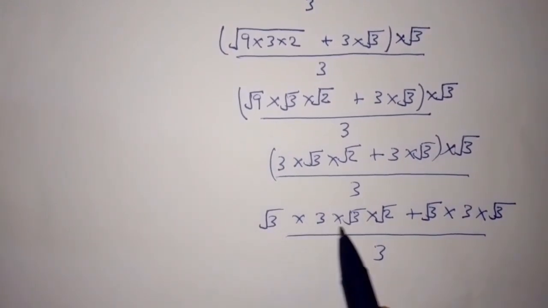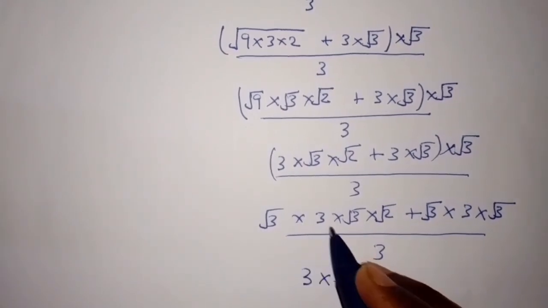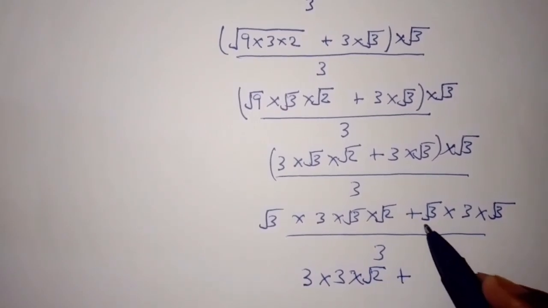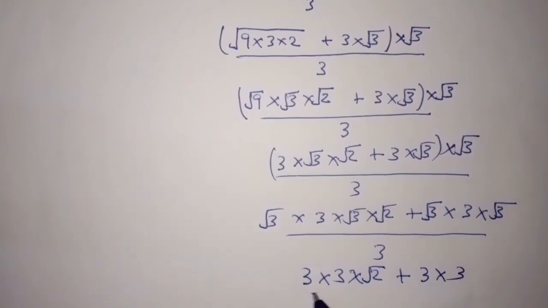Square root of 3 times square root of 3 is 3. So we multiply by 3, we multiply by square root of 2, plus square root of 3 times square root of 3 is 3, we multiply by 3, over 3.